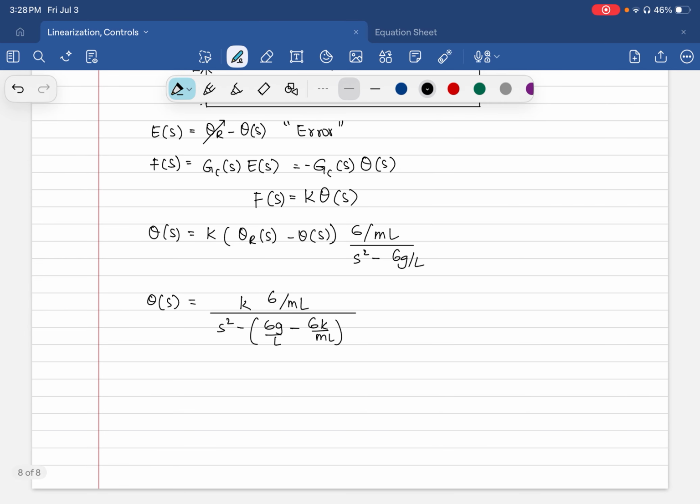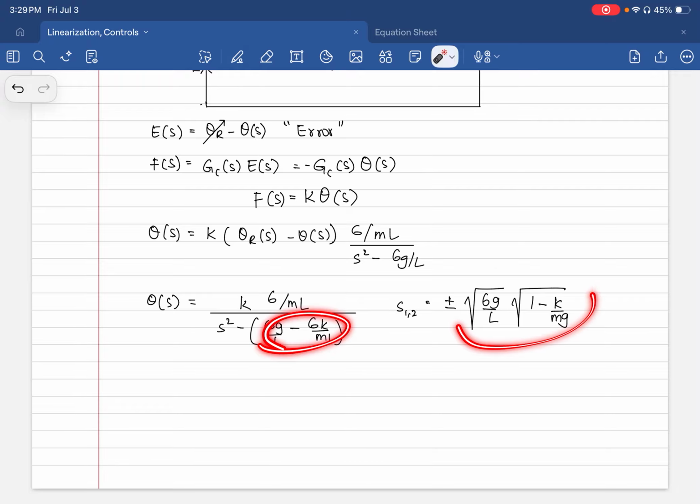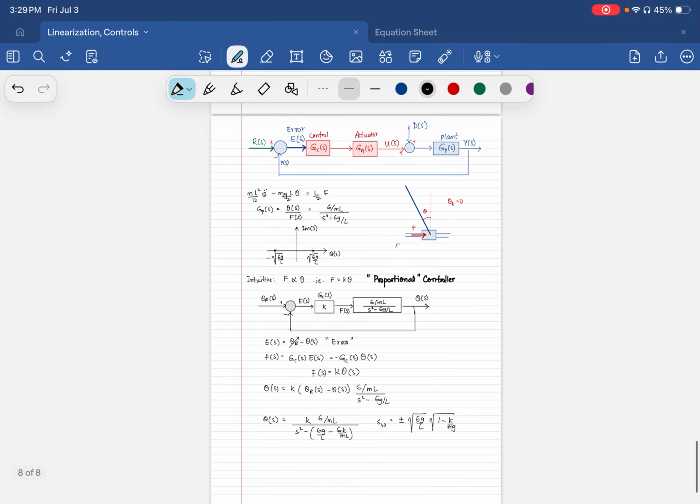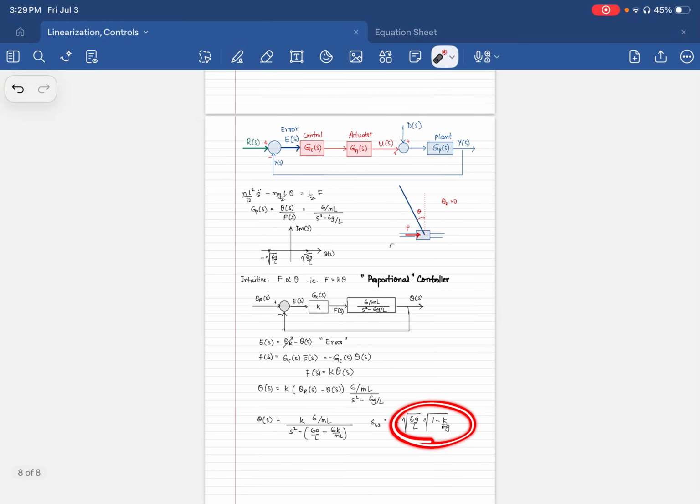So what are the roots? You'll have plus or minus root over 6g over l, root over 1 minus k over mg. That's just me taking this and reorganizing it in this way. The reason I did that is because now I can look at how it is different from what we had before.